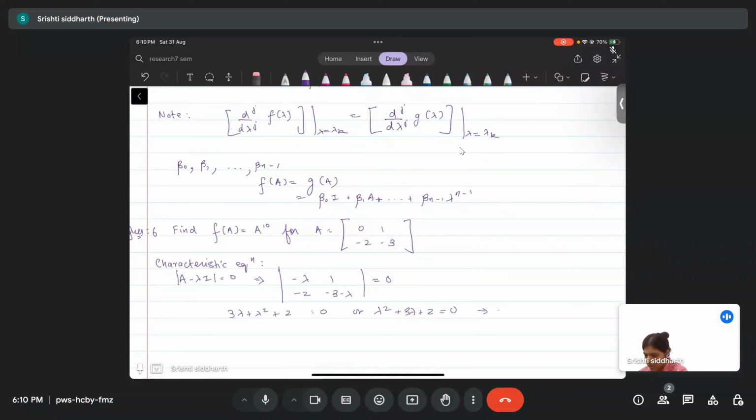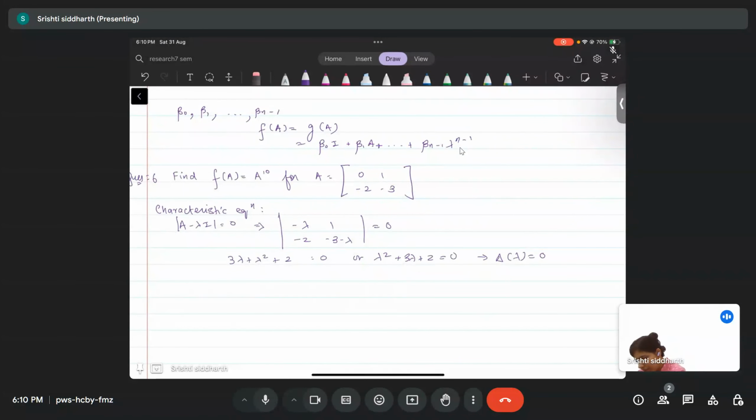So this is delta of lambda equals 0. According to the Cayley-Hamilton theorem, we have A squared plus 3A plus 2I equals 0.